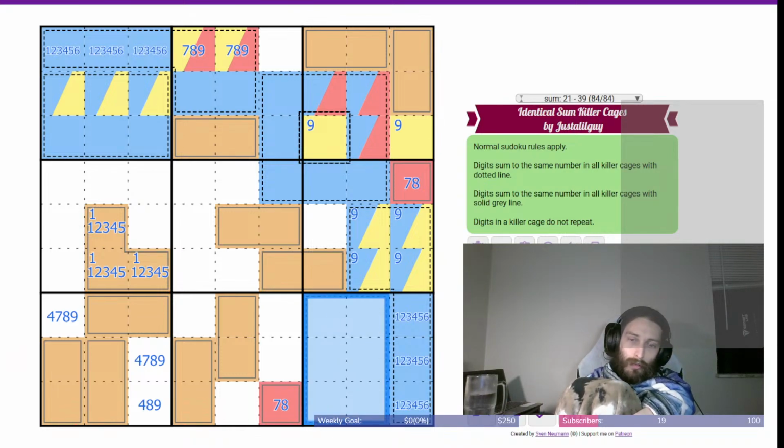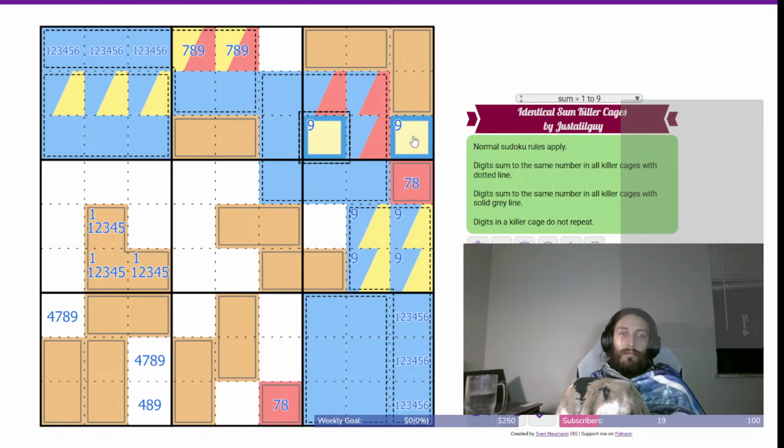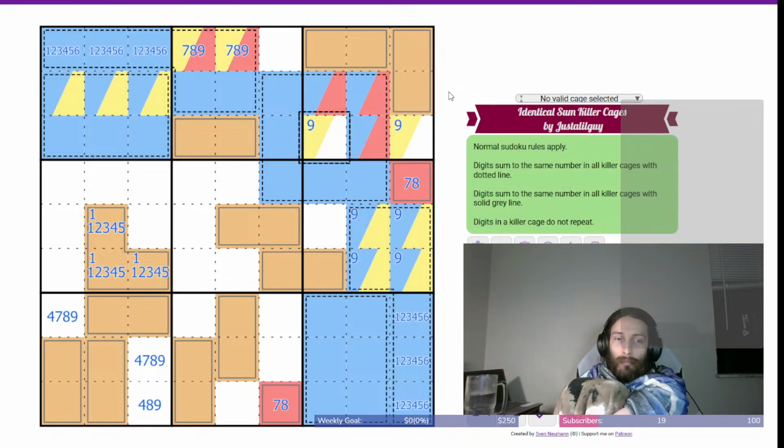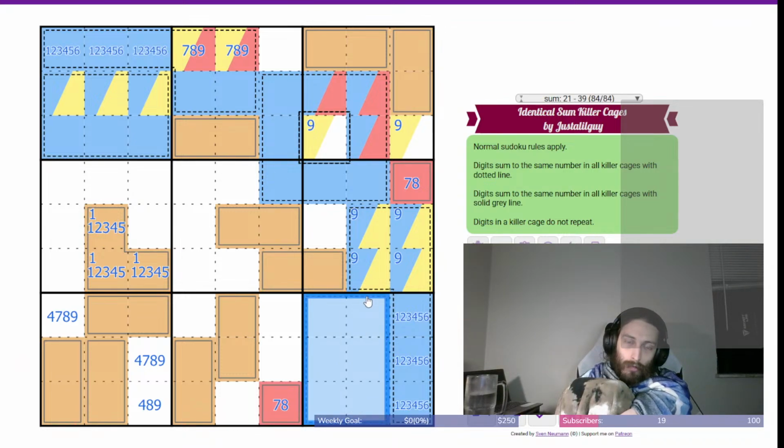I know yellow has to exist in here. And red. But not on the bottom. But yellow could be one of these three just fine, and you get yellow and yellow.